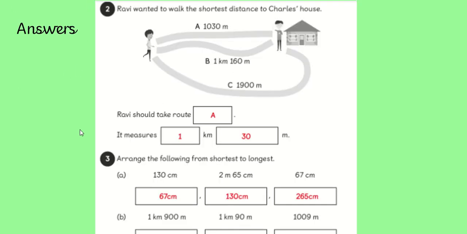And then our next page, Ravi wanted to walk the shortest distance to Charles's house. Okay, so we're not looking at the squiggly lines, we need to measure the actual distances. Okay, so I think it would have been really good to pop this one into just metres.